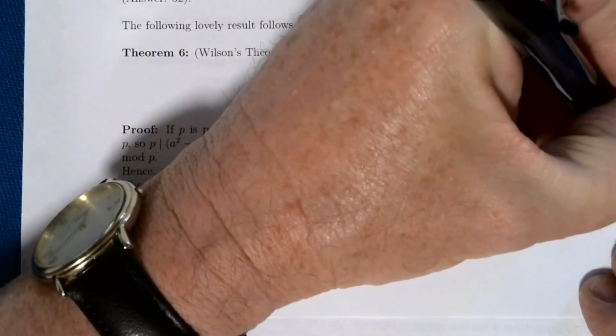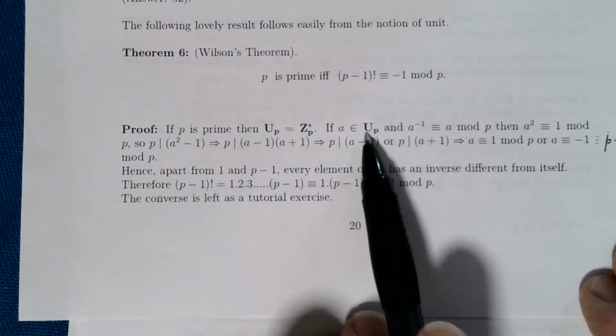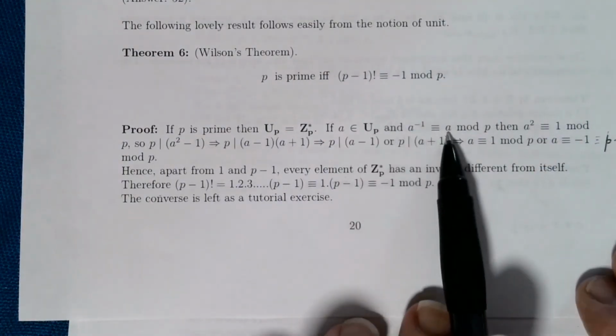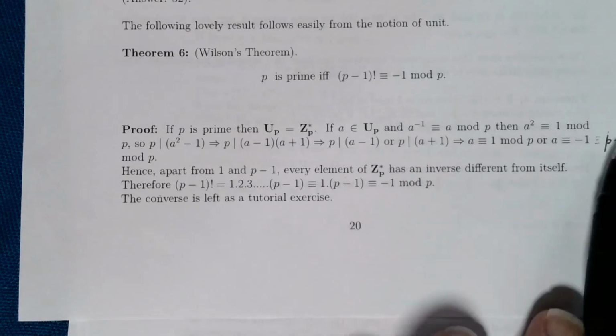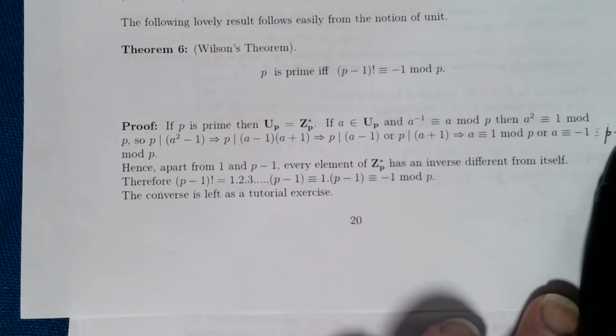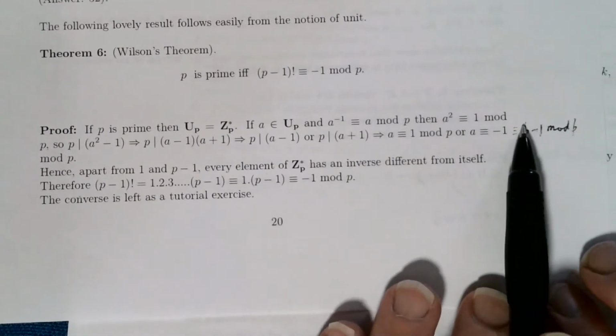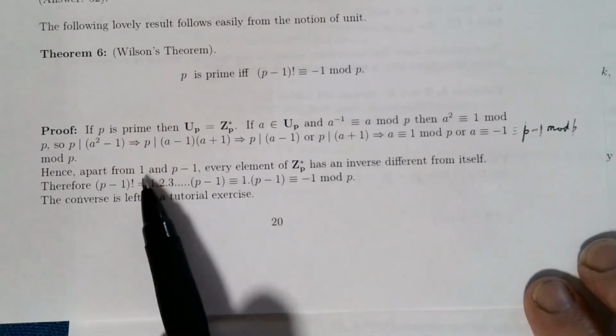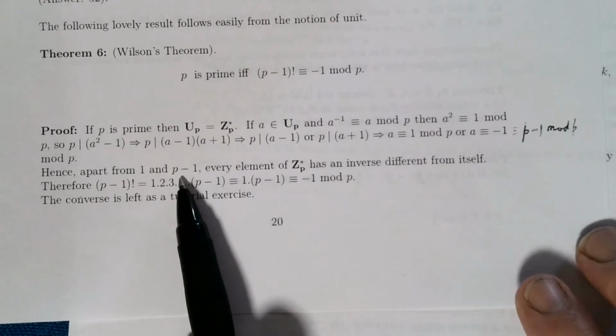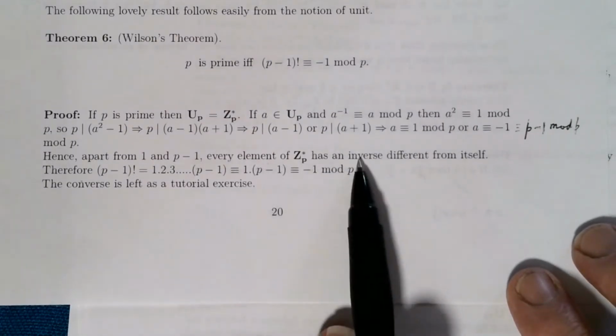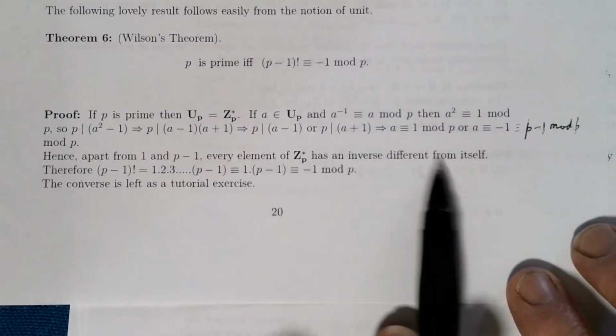So the only numbers in this list that are their own inverses are 1 and p minus 1. So apart from those two elements, every element of Zp has an inverse different from itself.